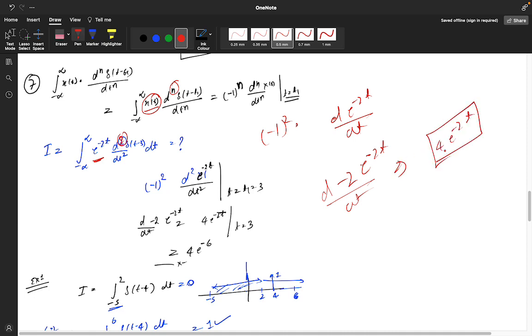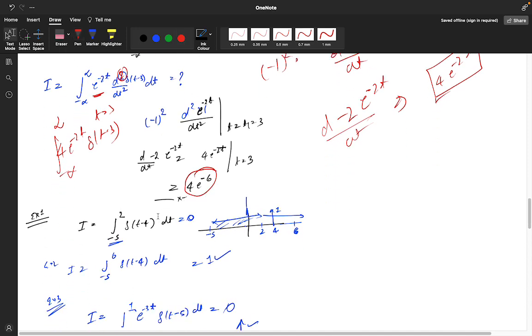After 2 times differentiation, because here 2 times differentiation is there, you will get a simple function like this, 4 e power minus 2t into delta t minus 3. This is your simple function, minus infinity to infinity. Now put the value t equals 3 in this, so you will get 4 e power minus 6, which comes outside.